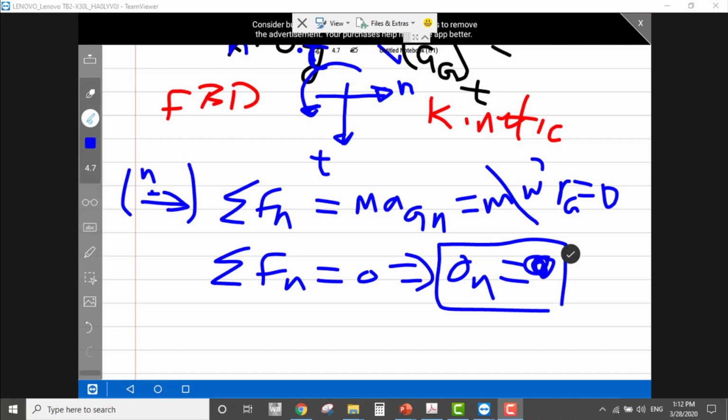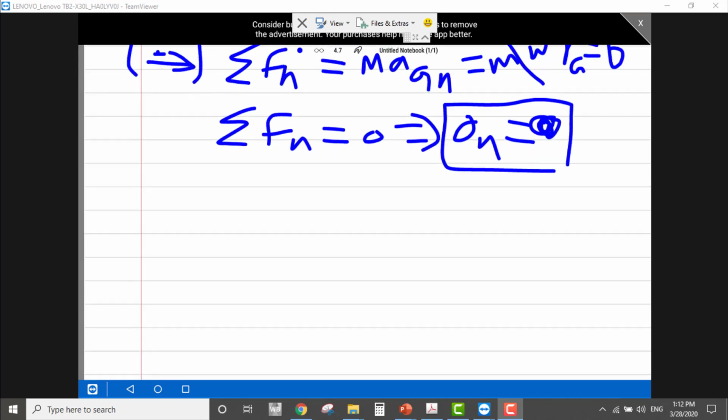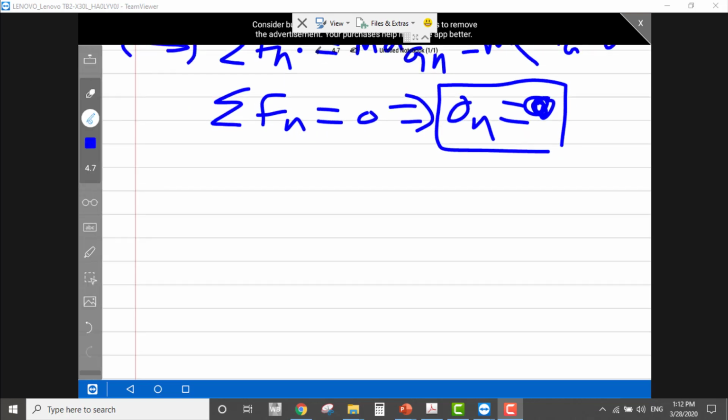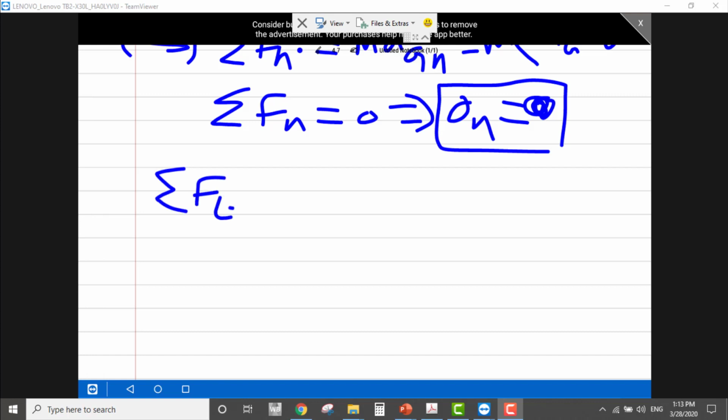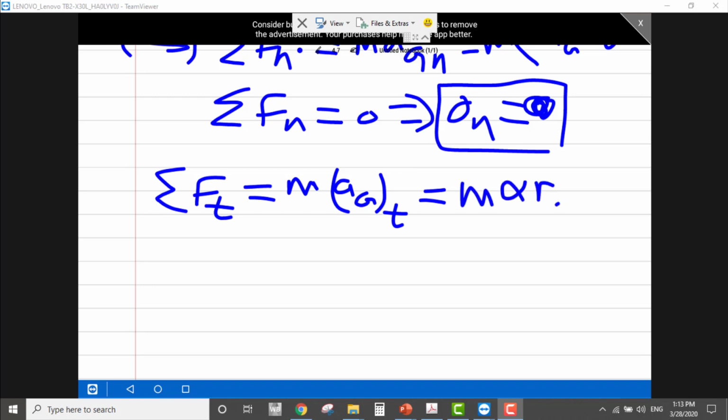Now let's move to the second equation. We have summation of force in the tangential direction equals M multiplied by AG in the tangential direction, and this equals M alpha RG. The positive direction is directed downward.